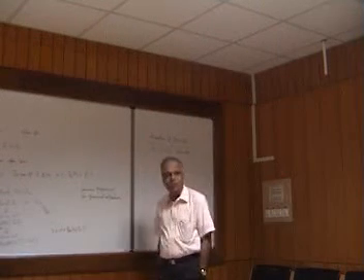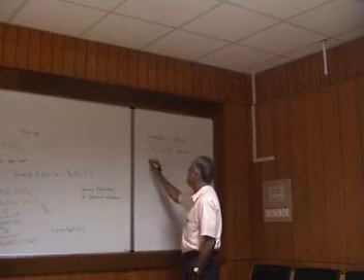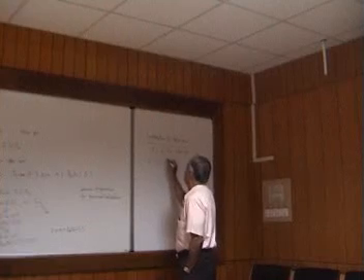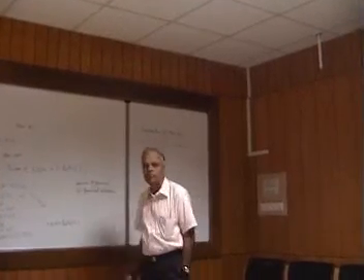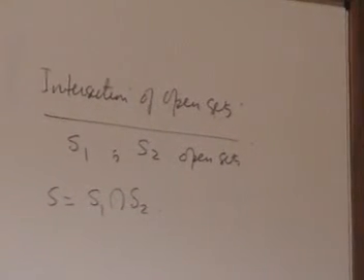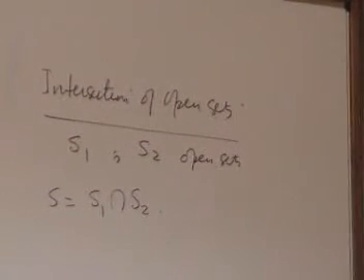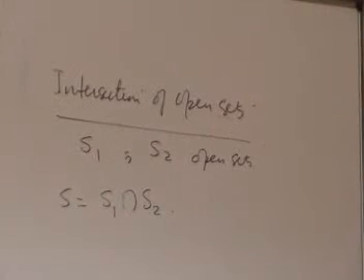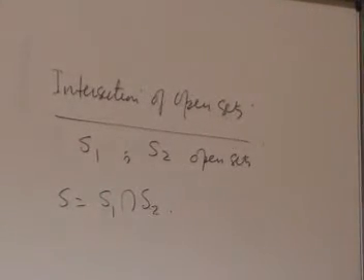Suppose S1 and S2 are open sets and S is S1 intersection S2. Now, is S an open set?